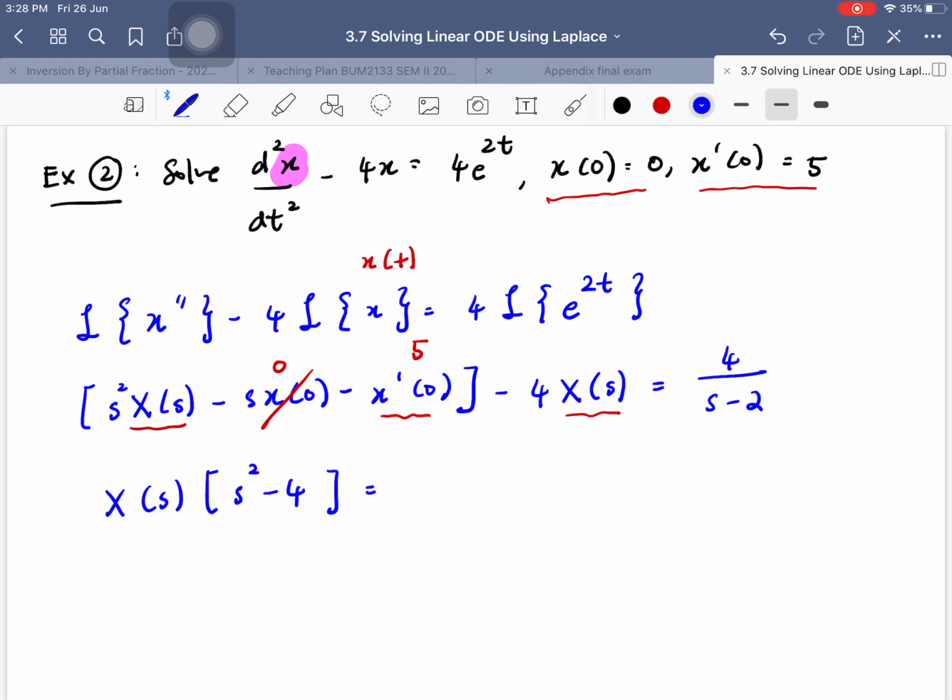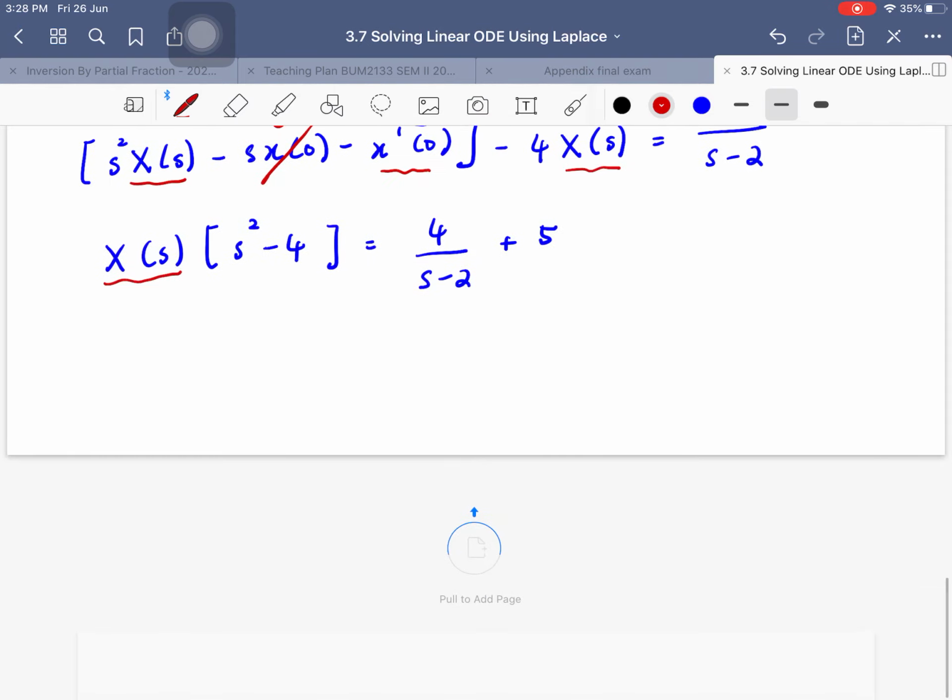And this term over here is not at all related to X of s, so instead of leaving it on this side, I'm going to bring it over to the right hand side of the equation. So it's going to be 4 over s minus 2 plus 5, because remember, our aim is to find X of s. So anything not related to X of s, bring it over to the right hand side.